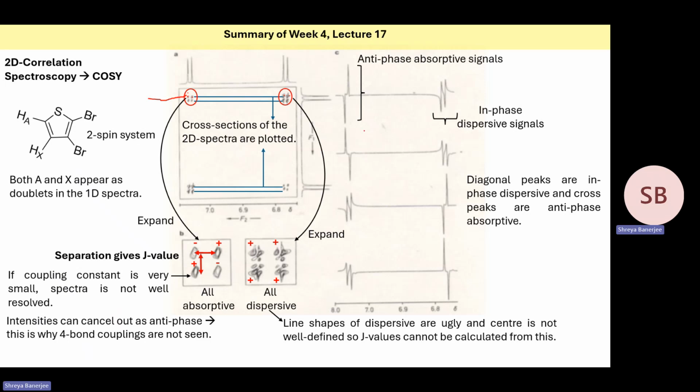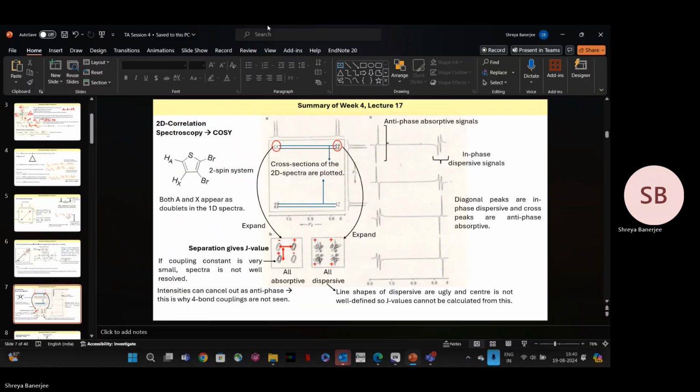That will only be talking about F2. So if you draw horizontal lines along each of these peaks, I'll draw this better. You can see these blue lines that are there.